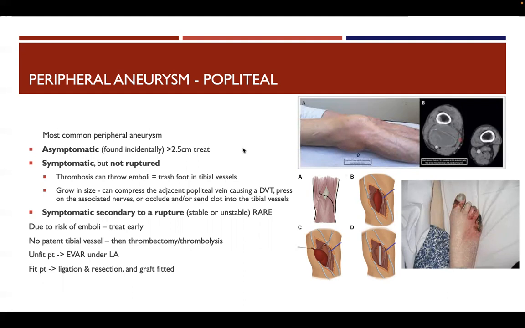That's if emboli get thrown off, you get these clots and you end up with necrotic toes. So just be aware that's what you're looking for if things go wrong. And you can get thrombosis within these aneurysms if you don't do anything, and it does throw off those emboli and causes trash foot.